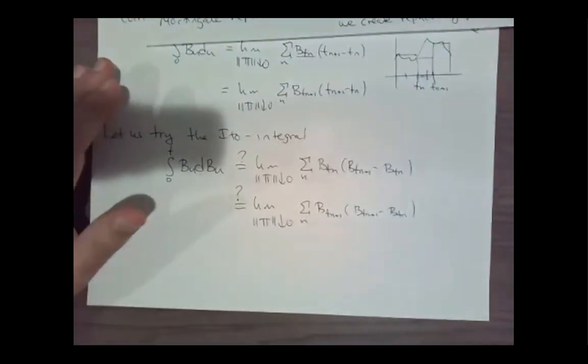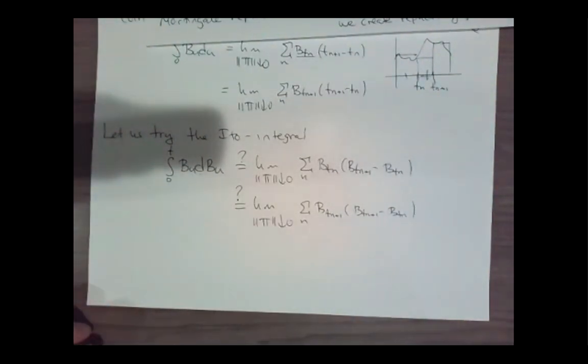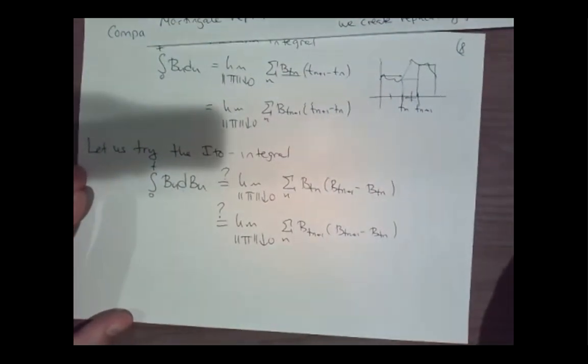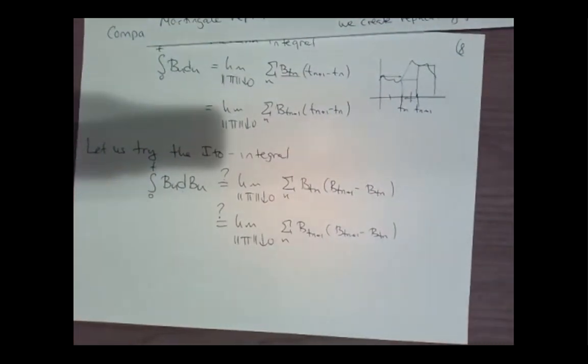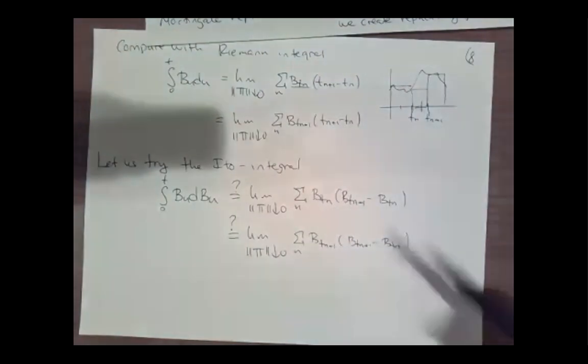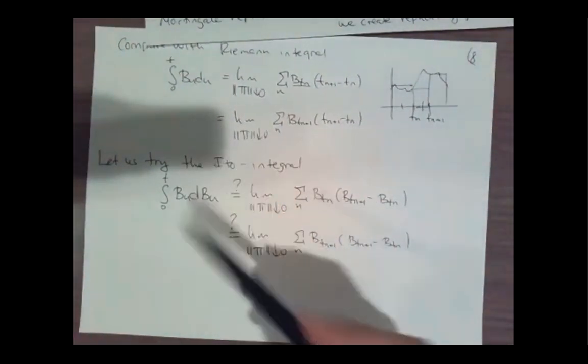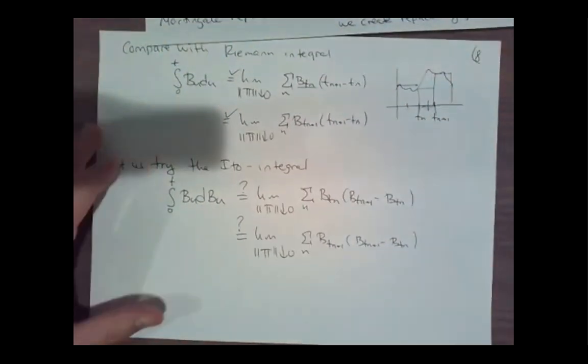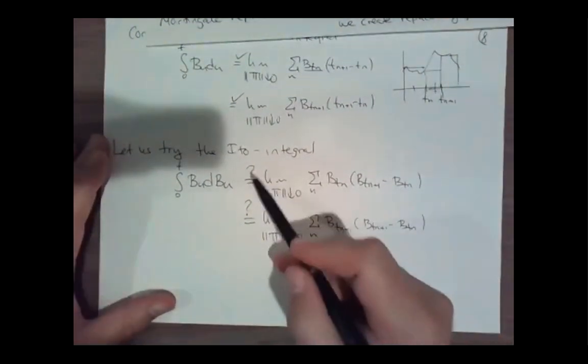Or we could choose any other point in this interval. When we do the Riemann integral up here, we know that it doesn't matter. This equality is true and this is true, they're the same. And here we have question marks.